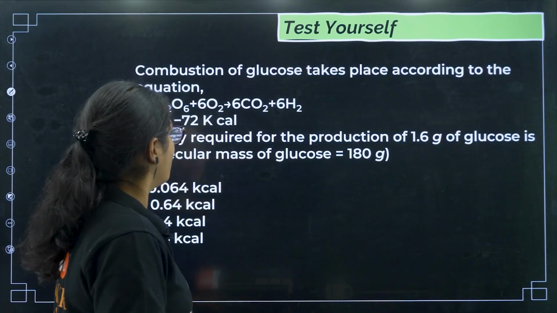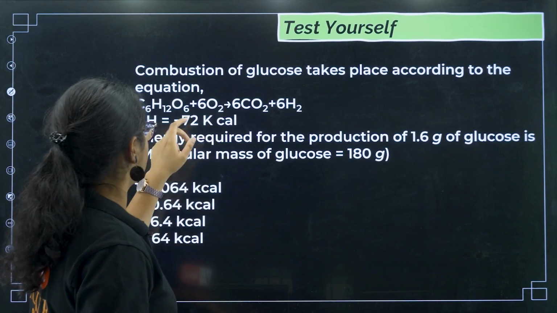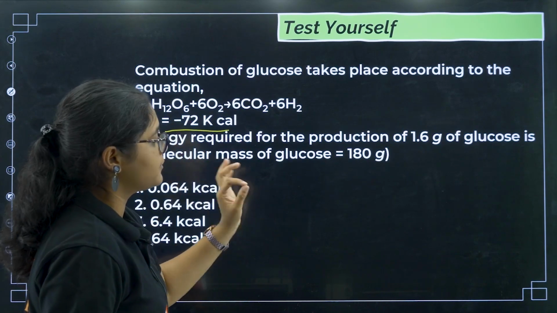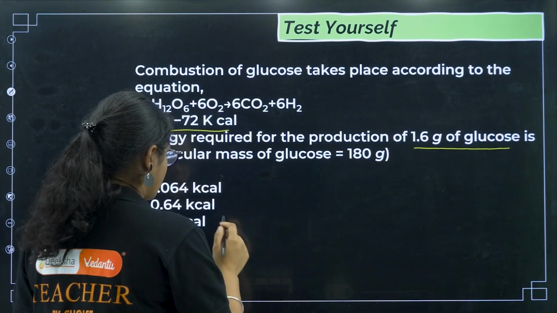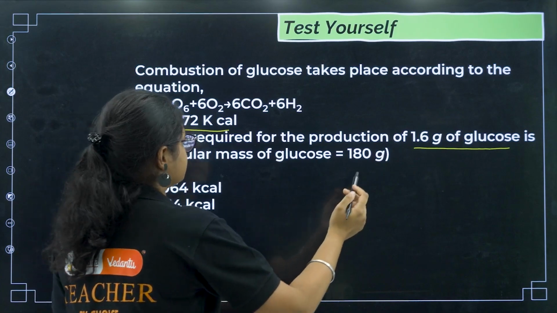Next we have a homework question here. Combustion of glucose takes place according to the following equation. Delta H is given to you. Energy required for the production of 1.6 gram of glucose is, okay, how much energy is required?